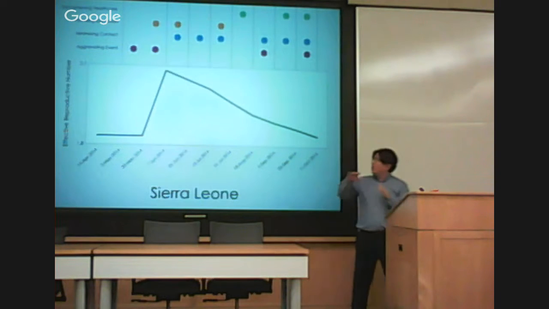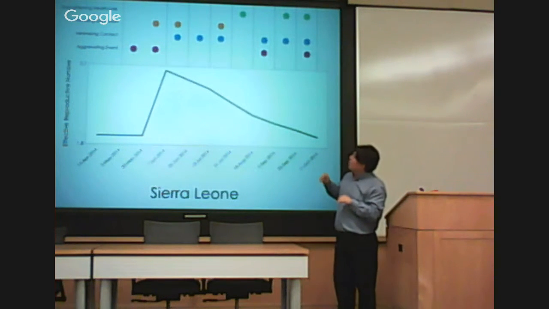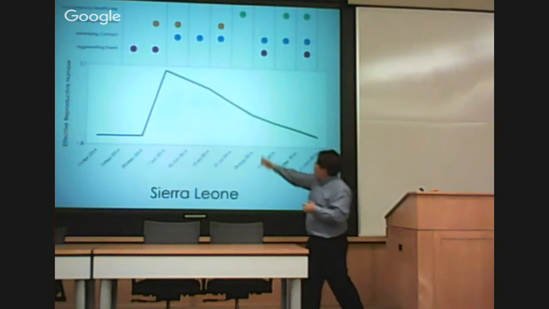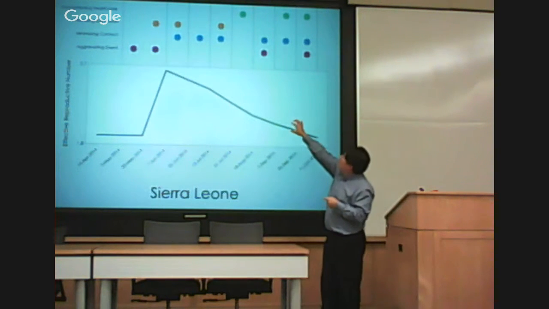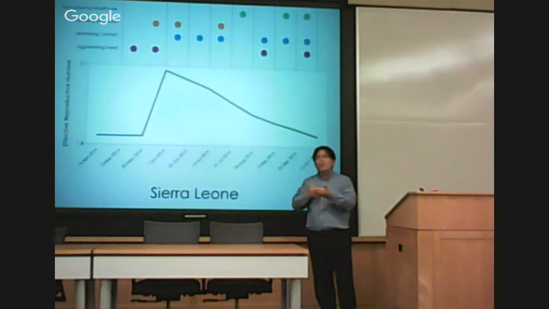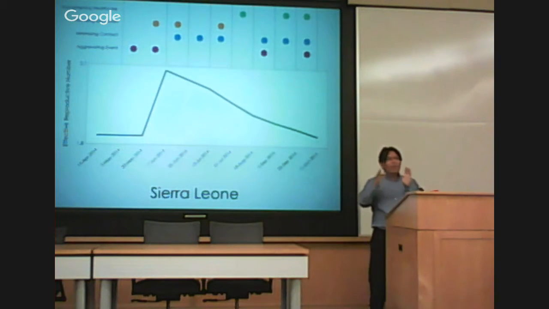But then countries like Sierra Leone started healthcare efforts to prevent transmission by education and so on. The vertical lines are weeks, and all the other colors are events reported in the media that suggested that something good was happening, aimed at reducing the number of people being infected.